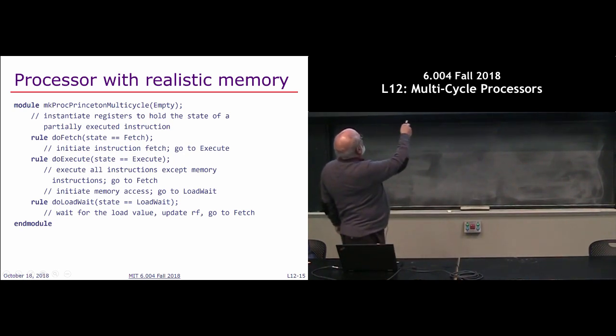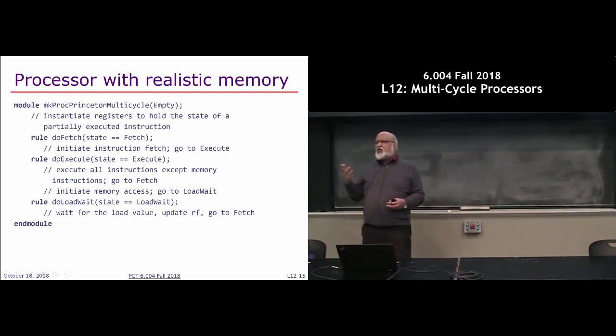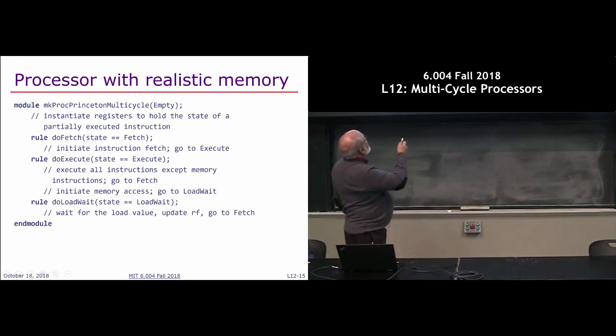How do I know it's not a memory instruction? Because I have the decoded instruction in my hand, and I can ask the question, are you a load or a store? If I'm neither, then I do everything else and go back to fetch.